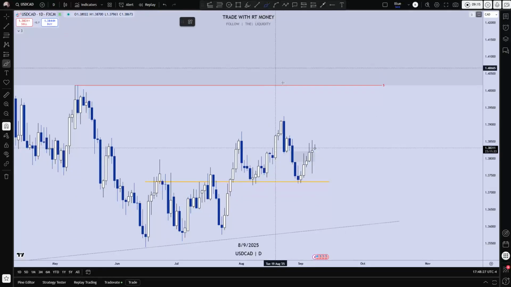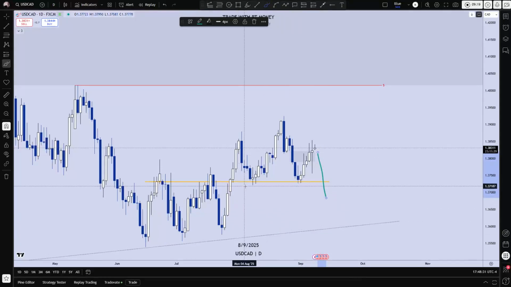We could see that drop from here, and these relative equal lows just below this CISD would be perfect for a sell side liquidity sweep. I would love to see it. Doesn't mean it's going to happen.